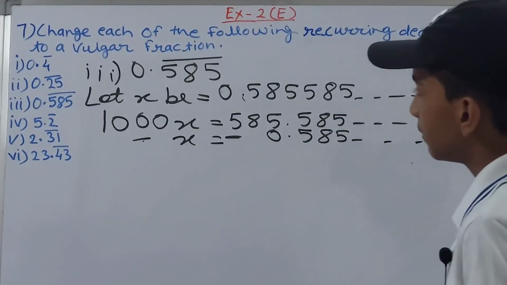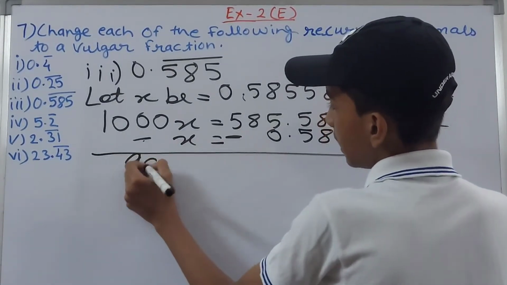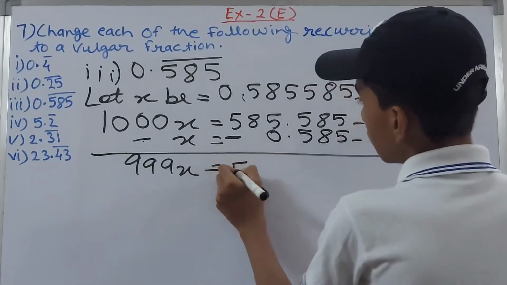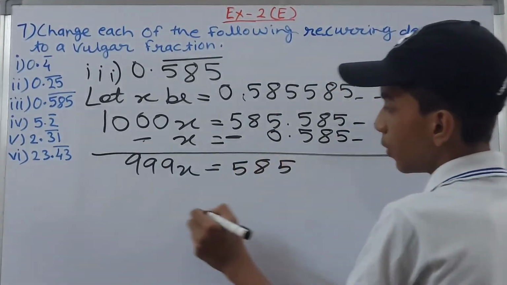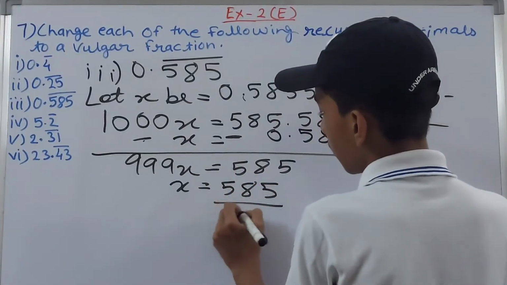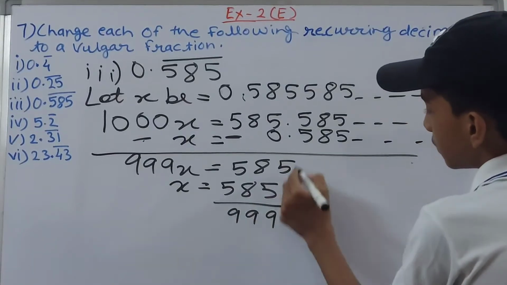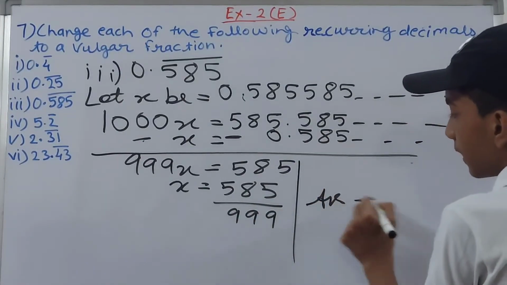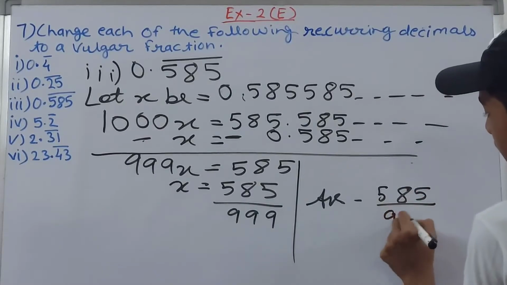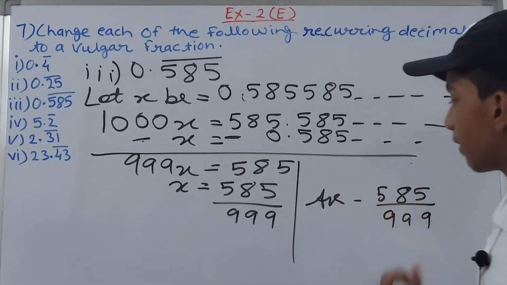So we get 999x is equal to 585, so x is equal to 585 upon 999. This becomes our answer, 585 upon 999.